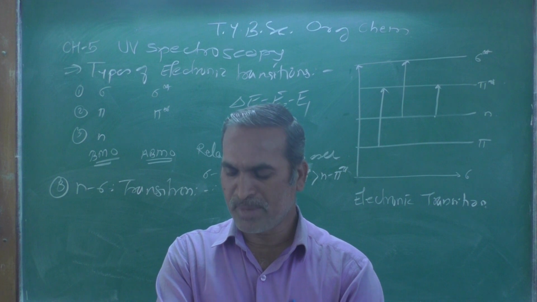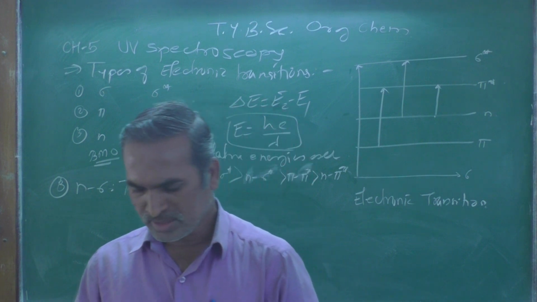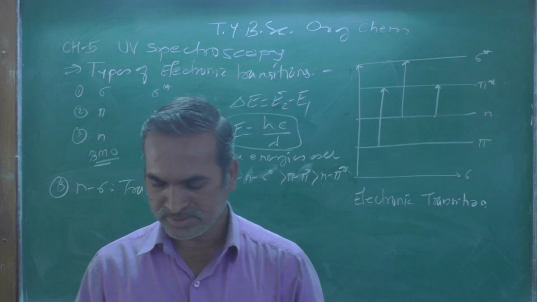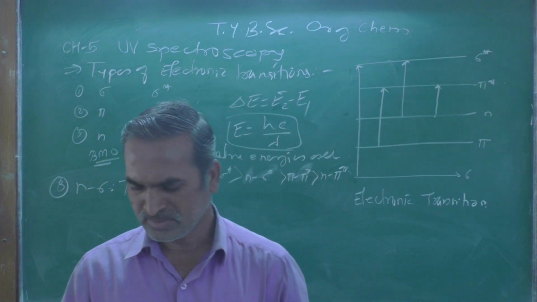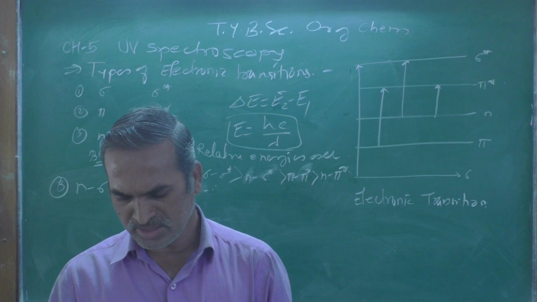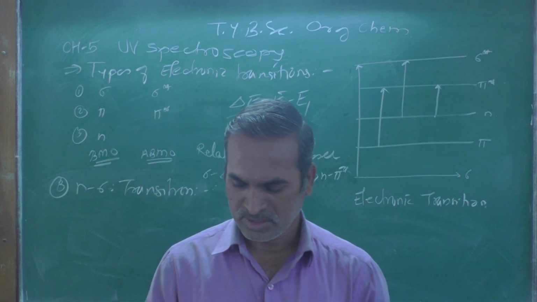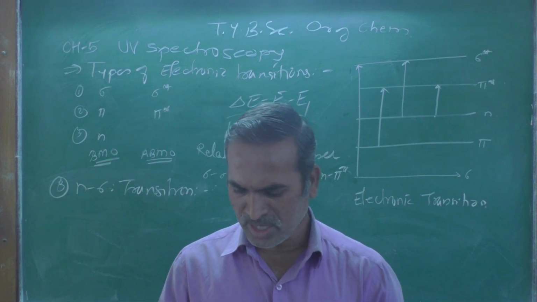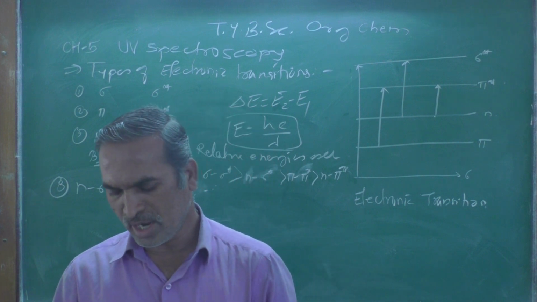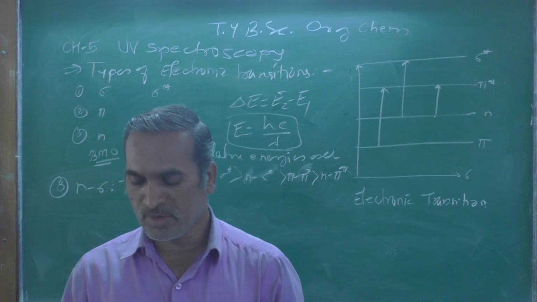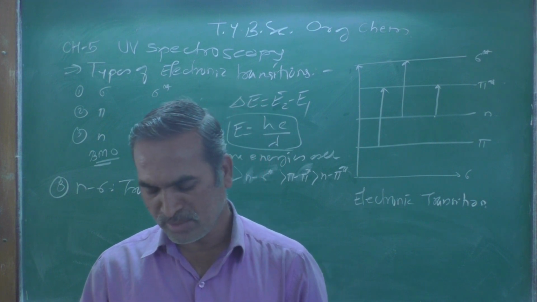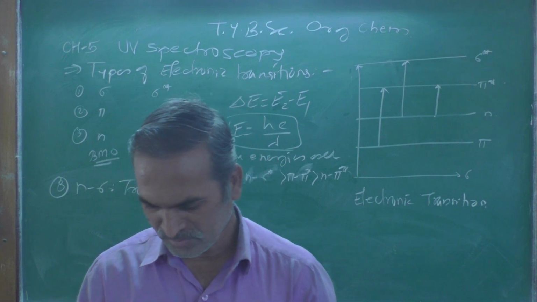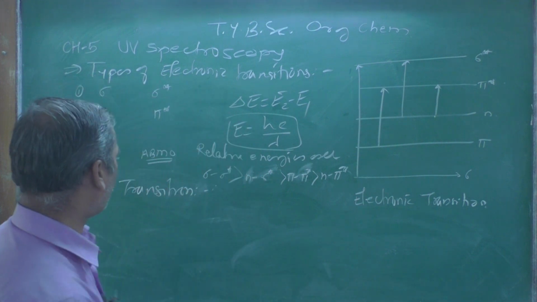Alcohols, amines, alkyl halides, thiols undergo this type of transition, and these transitions are less energetic and hence occur at longer wavelength. N2 sigma star transition can be represented in the figure which is shown over here.